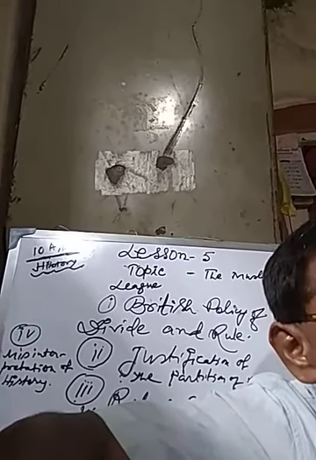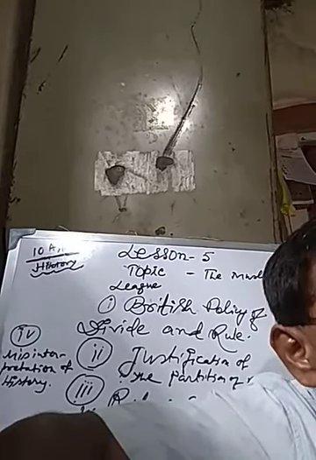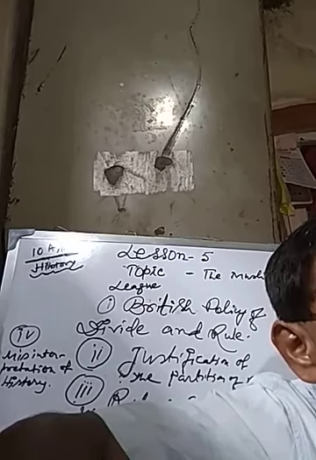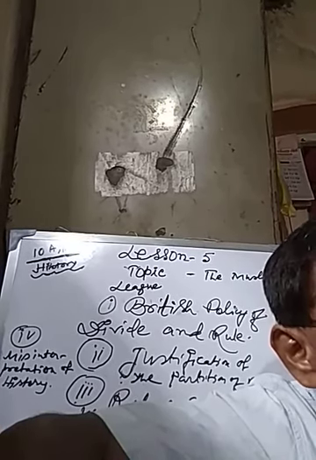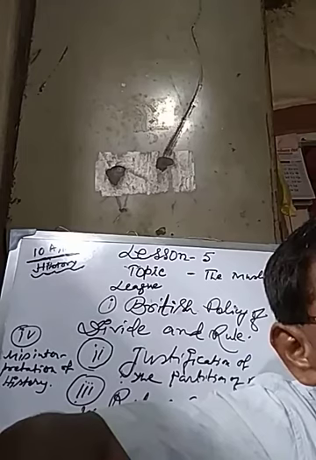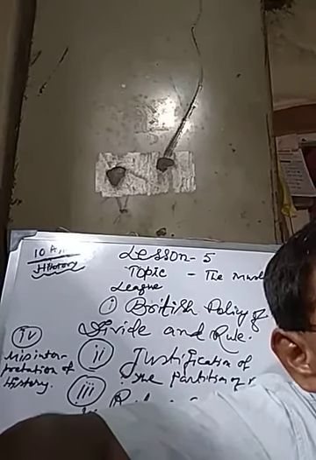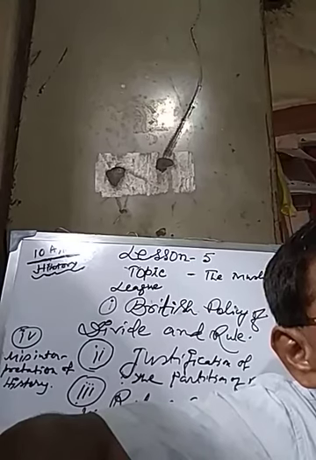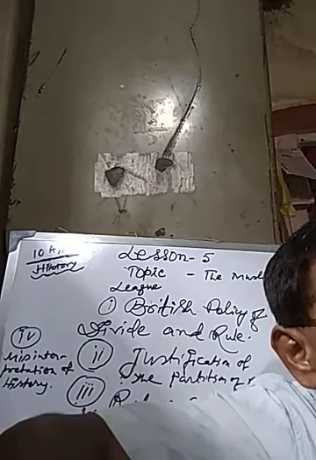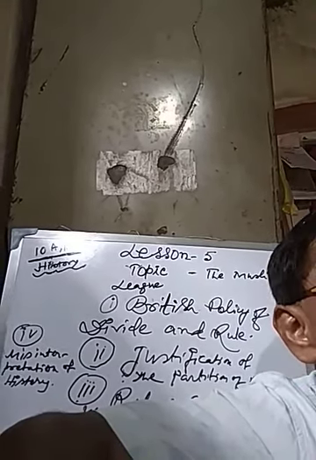The Muslims were hated since the Muslims had no majority in India. India was a Hindu majority country. That's why the Hindu rulers had great hatred for the Muslims.